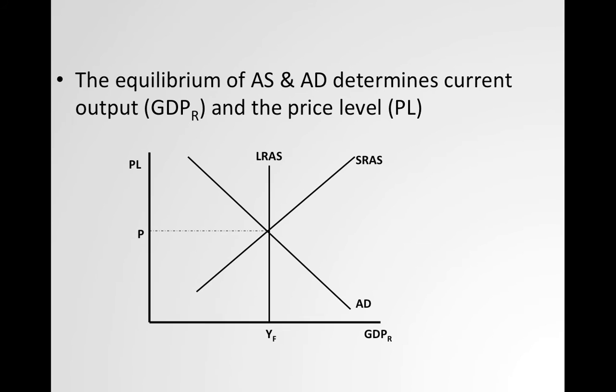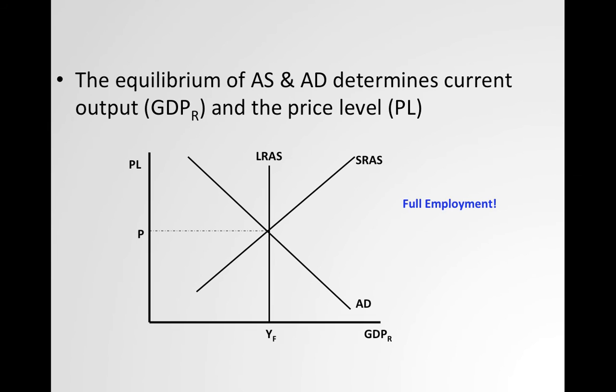Now, in this diagram, since they're overlapping, we are at the full employment level of production. Remember, we said that long-run aggregate supply is like our productive capacity. It has to do with all of our factors of production and whether or not we're using them.